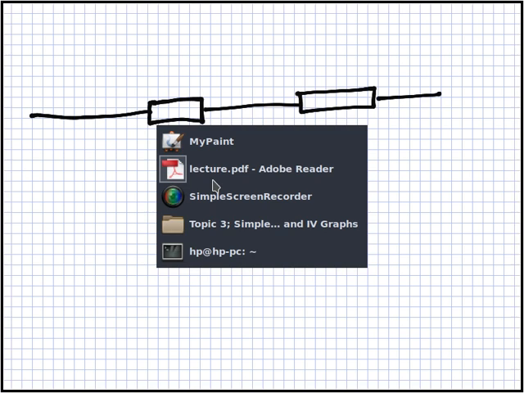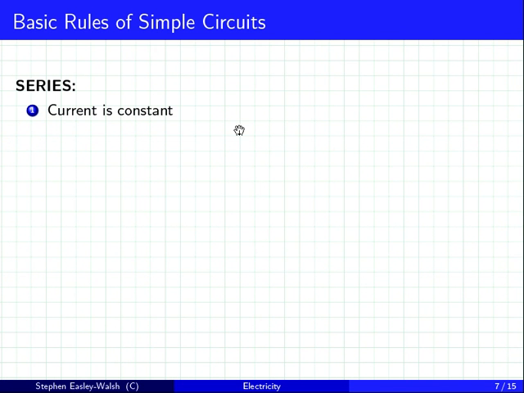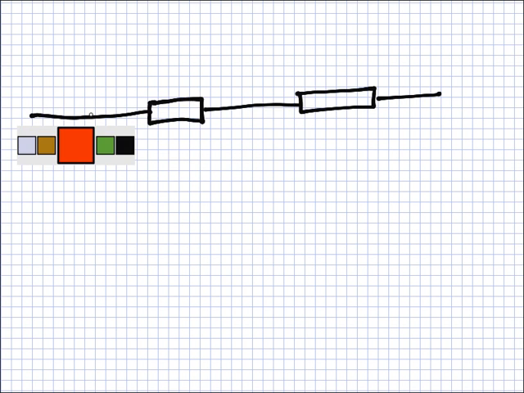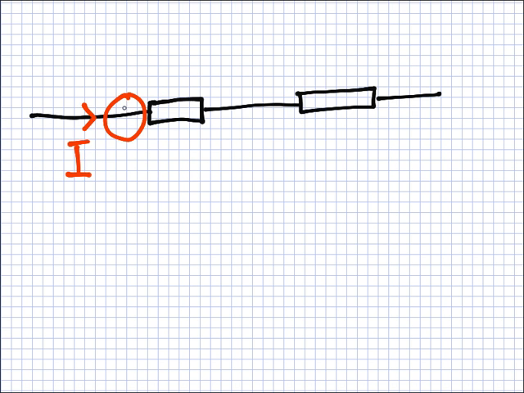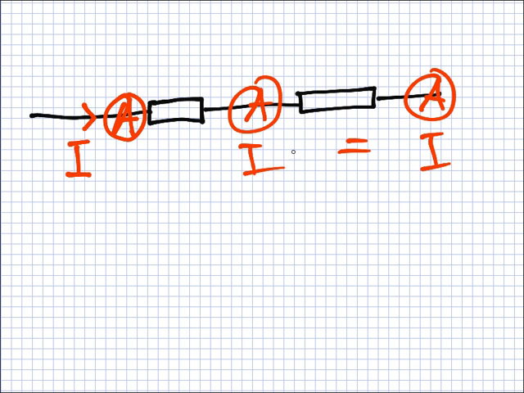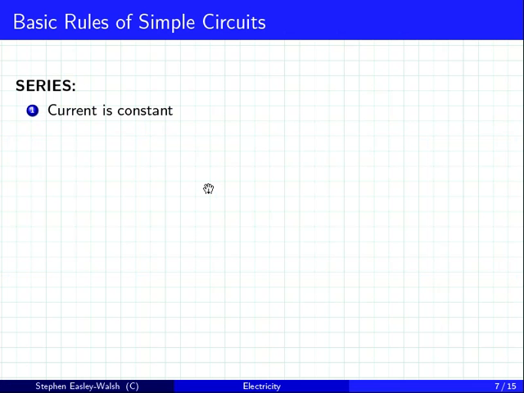Okay. So, first rule is current is constant. What I mean is if there's a current here of I, which I measure on my ammeter, and then I measure it again here, and I measure it again here, okay? It's always going to be the same. Doesn't change. So first rule is current is constant. First rule. You can write that down. Yeah, it's okay.